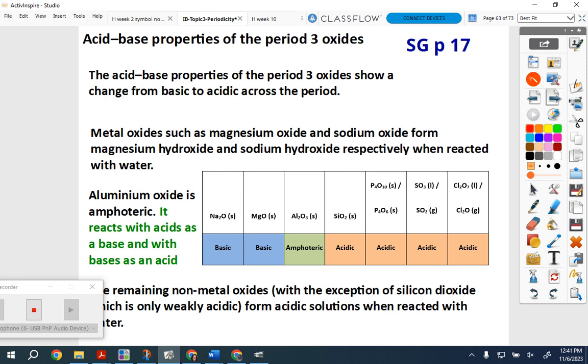These oxides have different acid-base character. So sodium oxide and magnesium oxide, those are both ionic compounds, and those compounds are basic. The silicon dioxide is very weakly acidic.